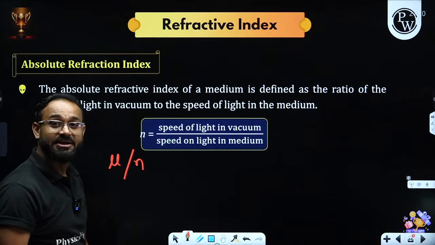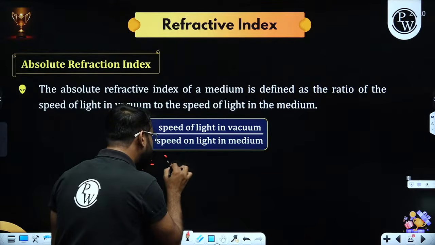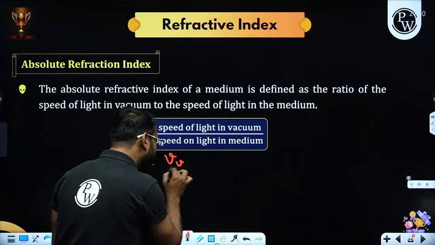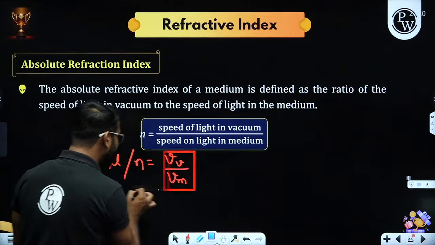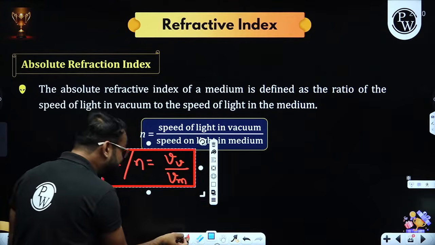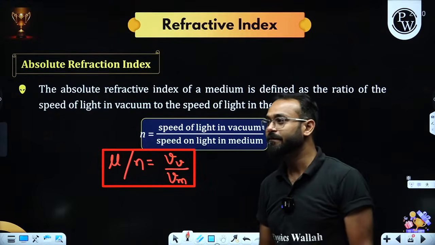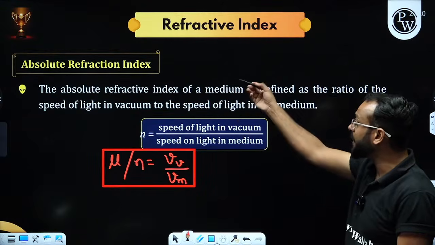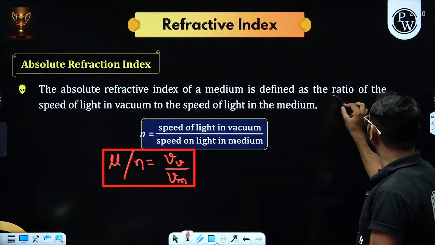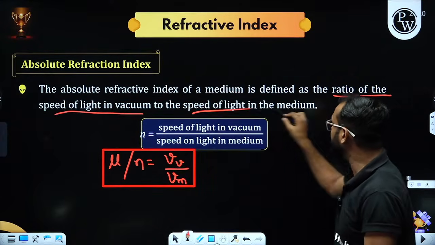It can be written as the speed of light in vacuum divided by the speed of light in the medium. This ratio, this change in the speed of light, gives us the refractive index. So the absolute refractive index of a medium is defined as the ratio of the speed of light in vacuum to the speed of light in the medium.